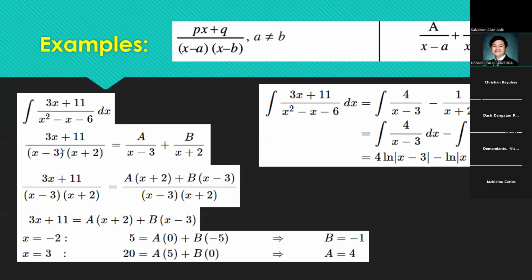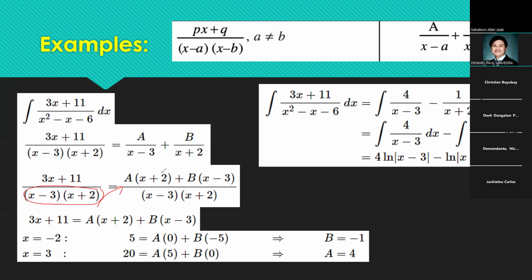So it's A over the first one, x minus 3, plus B over x plus 2. Then afterwards, we transpose this one on the other side, this x minus 3 times x plus 2. So it will go here. Of course it will cancel some and it will retain some.